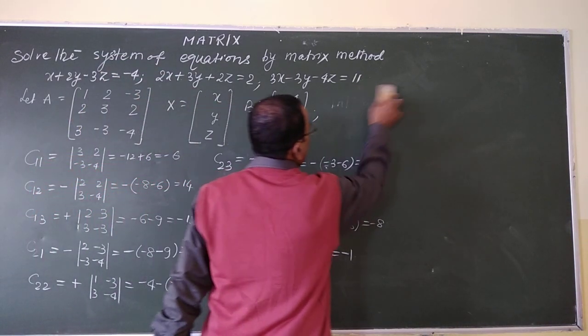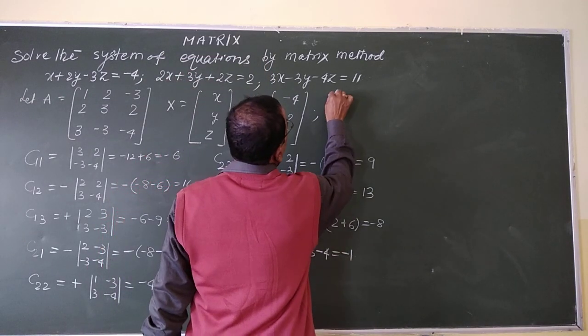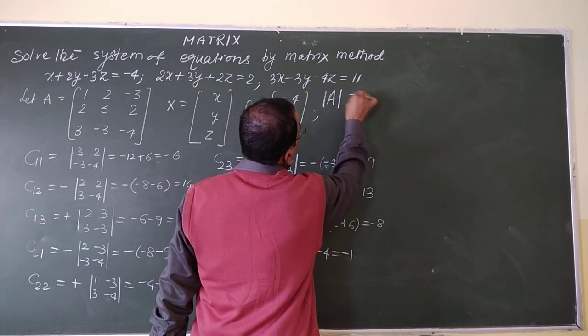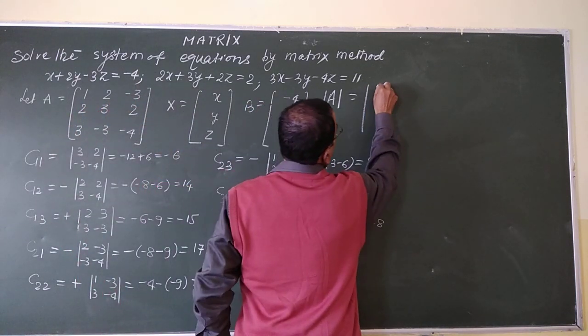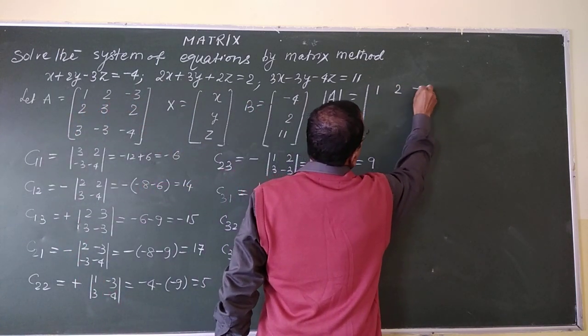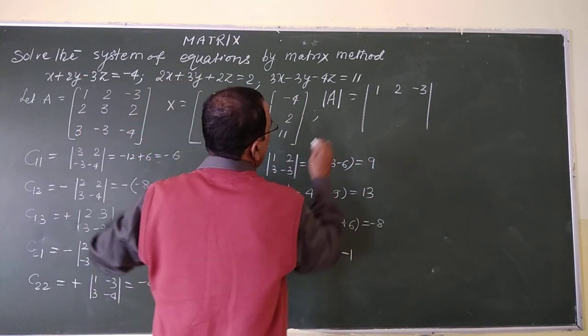Determinant of matrix A. So determinant of matrix A is 1, 2, minus 3, 2, 3, 2, 3, minus 3, minus 4.